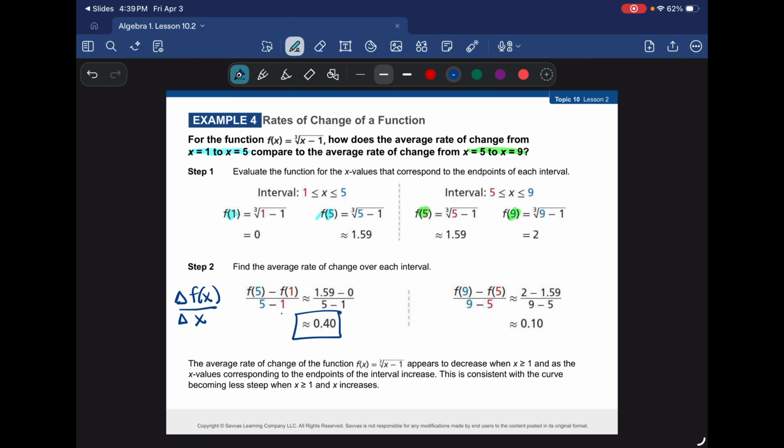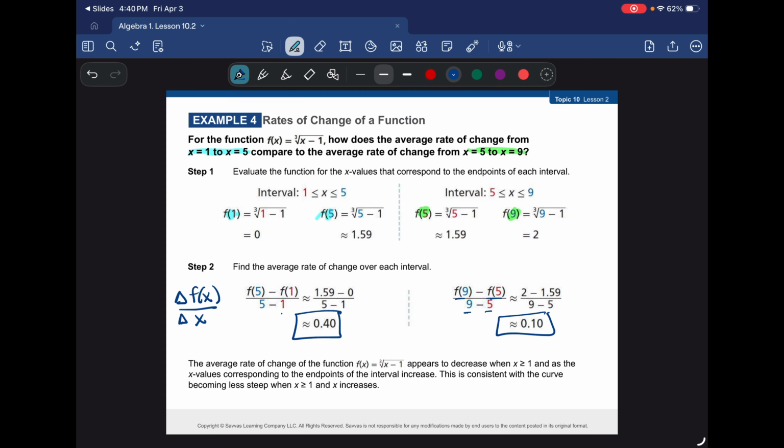We're going to do the same thing for the second interval to find the change in output over the change in input, essentially calculating the slope between these 2 points. We evaluate the second output and subtract the first output, divide that by the second input minus the first input, and we get an approximate average rate of change.